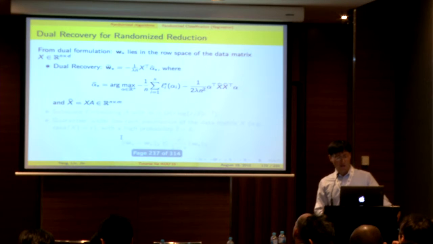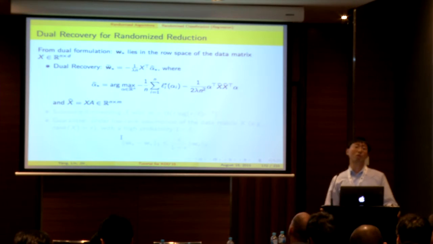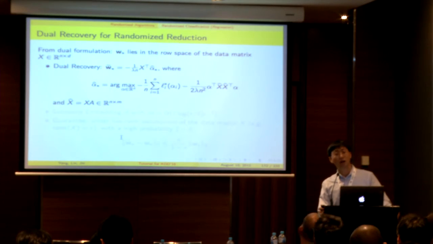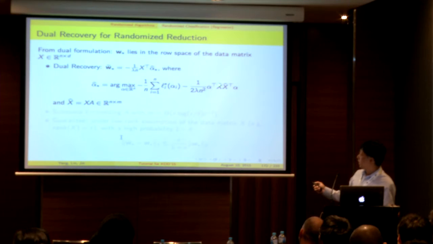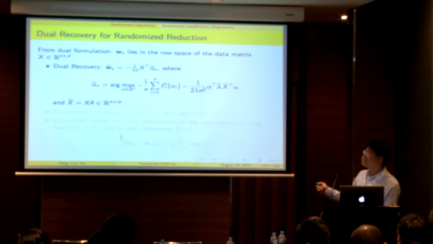In dual recovery, instead of solving the primal problem in the reduced space, we solve the dual problem in the reduced space. This is the dual problem. Instead of using the original data matrix, we use the reduced data matrix, which is of much smaller size.